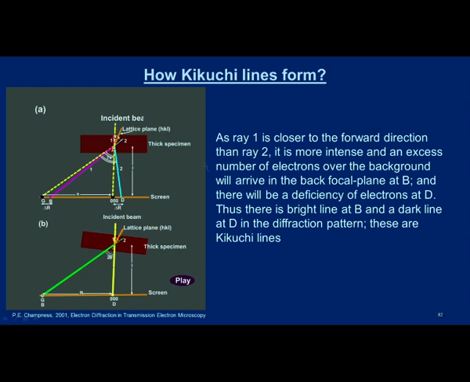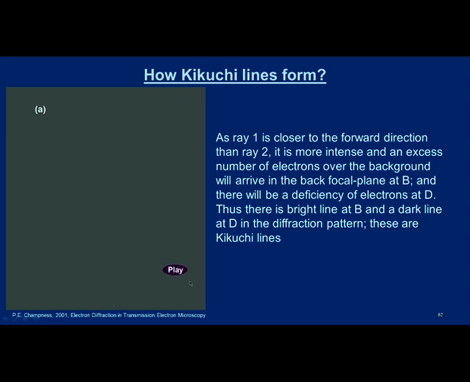What you are now seeing in the schematic is a specimen. This is an electron beam which is falling, and this is the transmission axis, and I will just play this animation, just closely observe this.